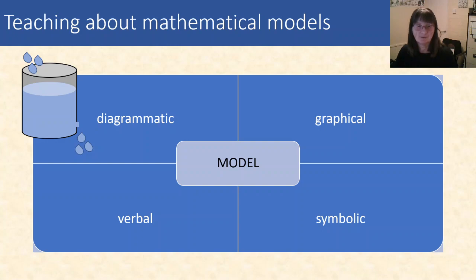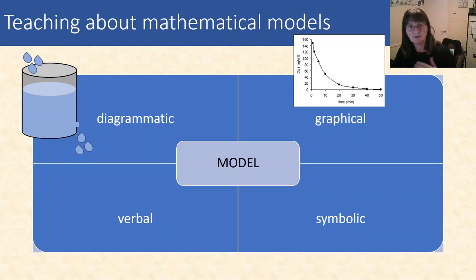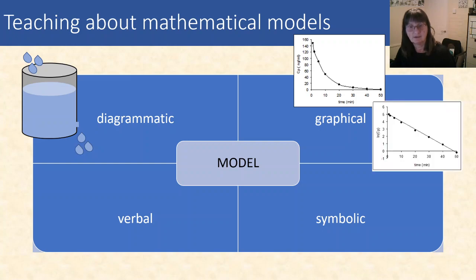And I think to make it accessible to a wide range of students, we need to take a multimodal approach. So I like to start with the diagrammatic representation. So here we've got a one compartment model. We build up a mental picture, a mental model of what we're dealing with here, and are explicit about how we're simplifying a complex biological system into a simpler system. Then when we've got that, we can build up using graphs, both on a linear and logarithmic scale.